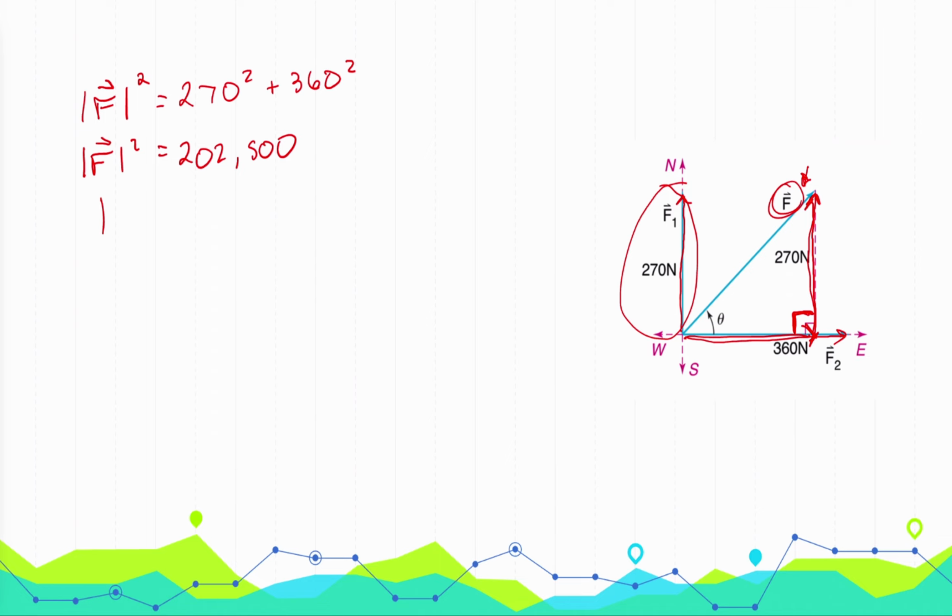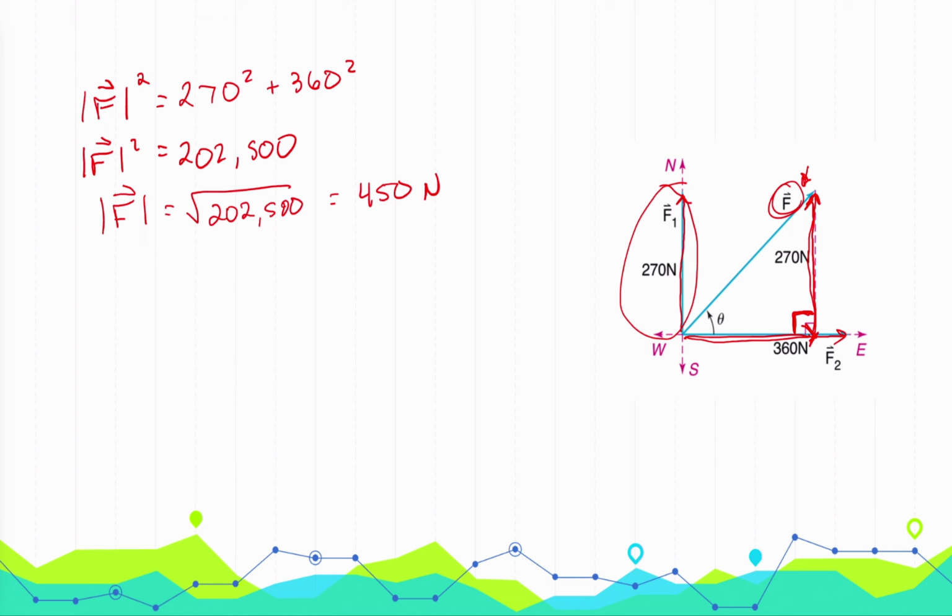And so we take the square root of that, which is equal to 450 newtons. So that would be the magnitude.